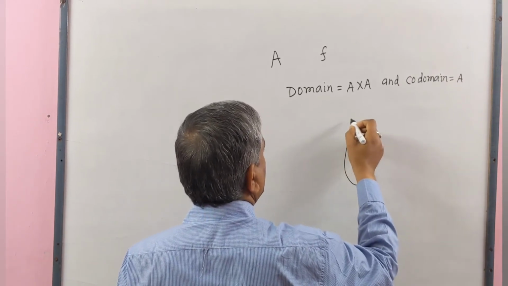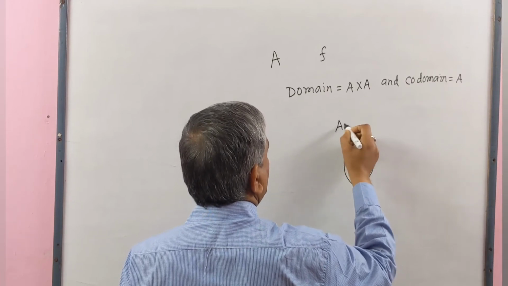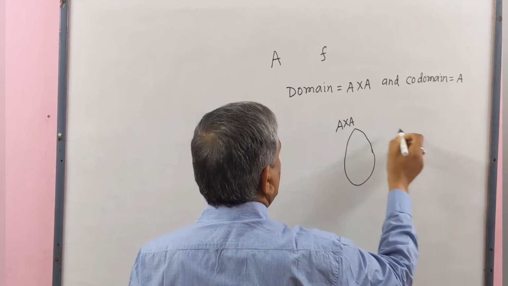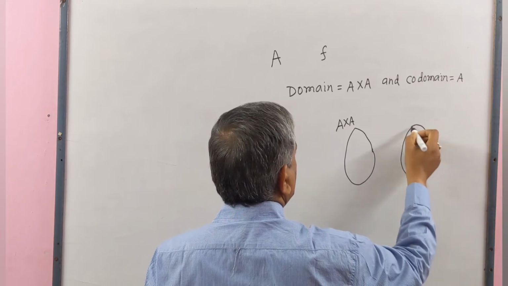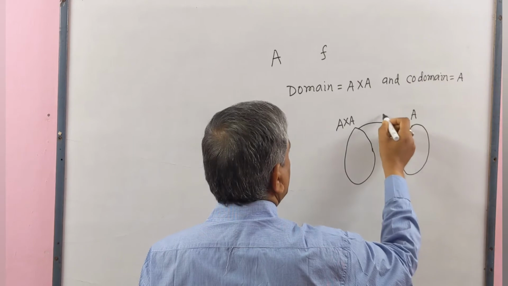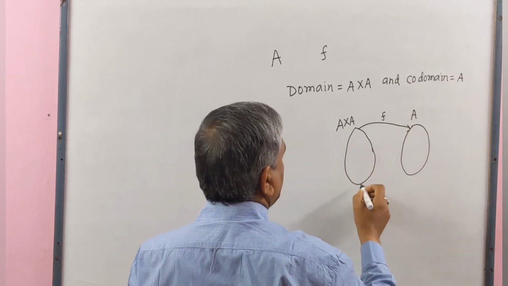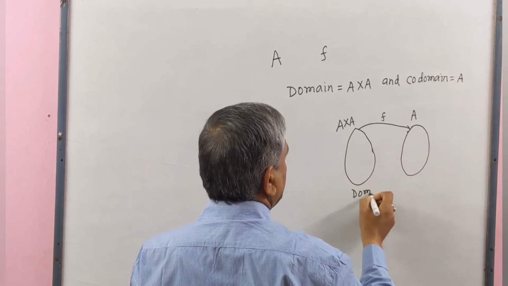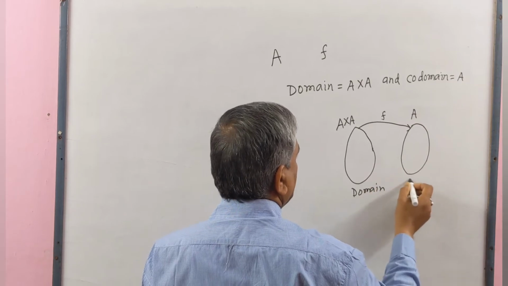Let this be the domain A cross A and this the codomain A, and F be a mapping. Here this is domain, this is codomain.